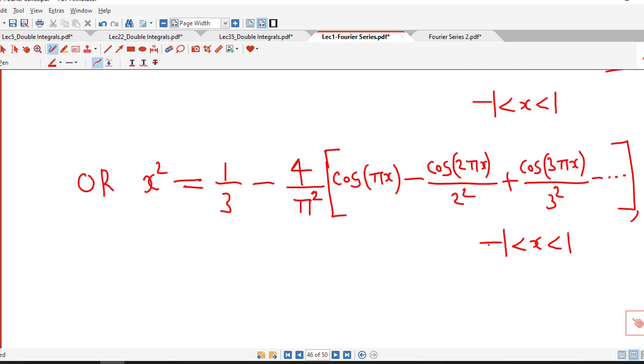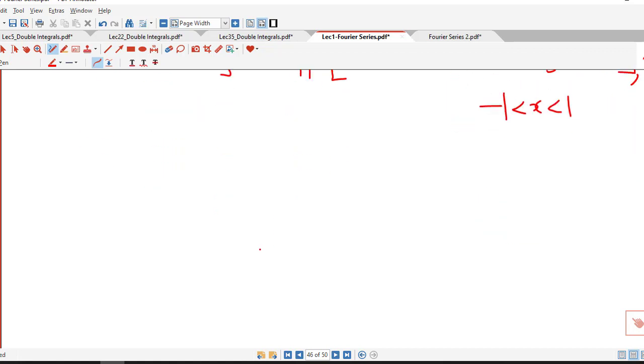So sometimes they can ask you to prove that x square equals this summation, so I have written it in every possible form.